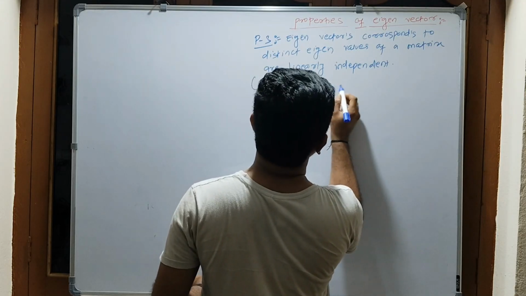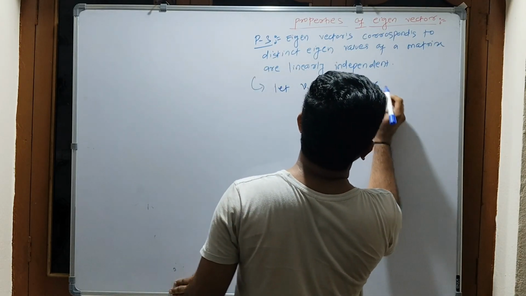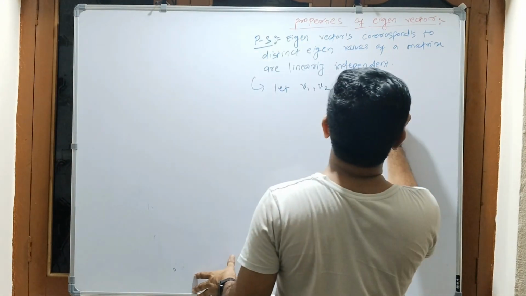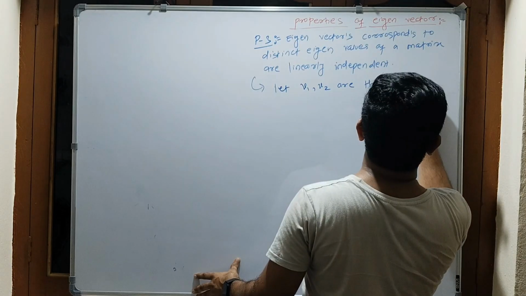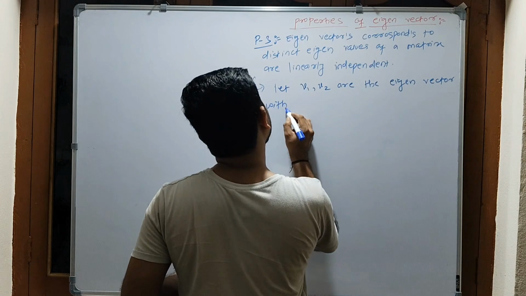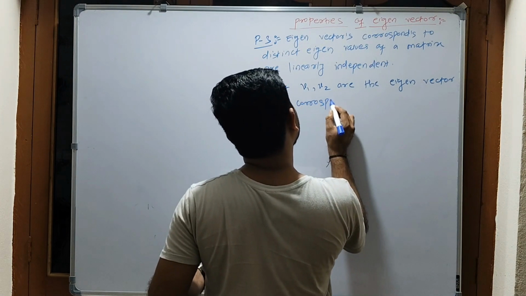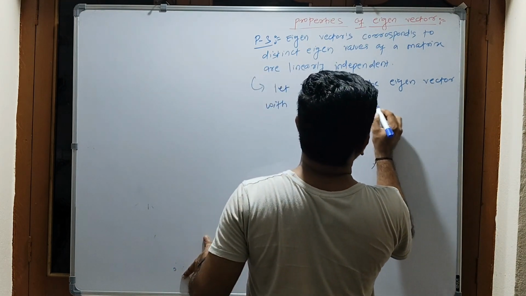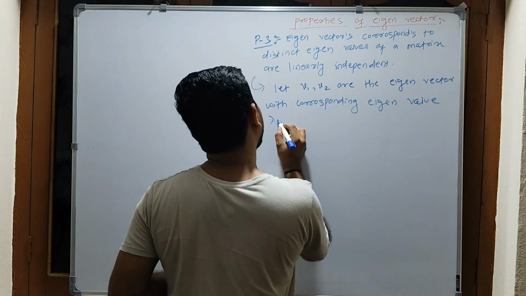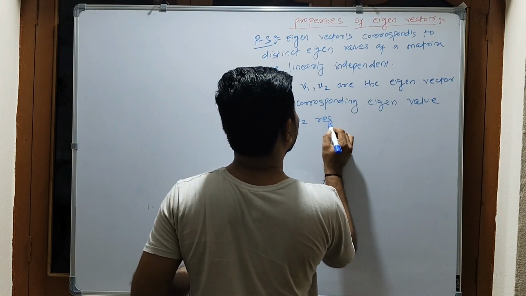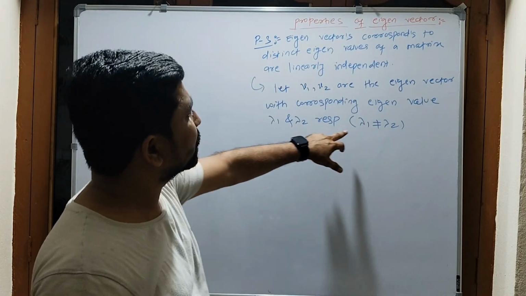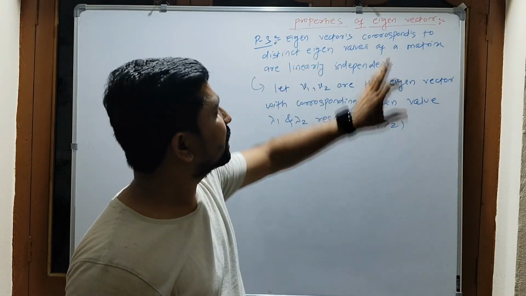I am proving this result in the case of two vectors; we can generalize for any number. Here v1 and v2 are the eigenvectors with corresponding eigenvalues lambda 1 and lambda 2 respectively. Of course, lambda 1 and lambda 2 are distinct eigenvalues.